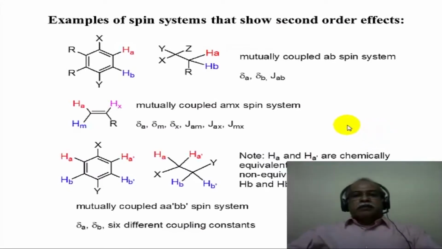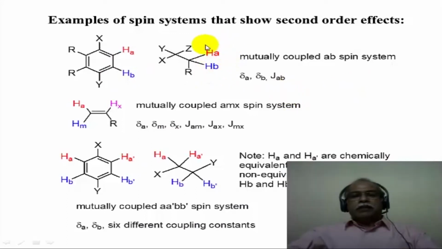Some examples of spin systems that show second order effects are shown in this particular slide. If we consider an aromatic ring, the hydrogens are close in terms of their chemical shift values, and normally they are comparable to their J values. So hydrogen A, hydrogen B of this type, which is ortho coupled, can actually present a second order spectrum which would be an AB spectrum.